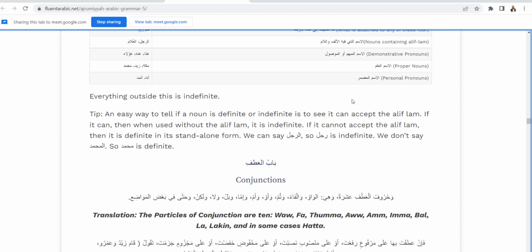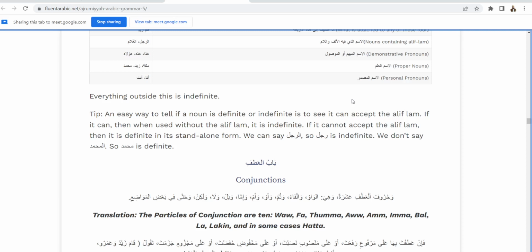And how do you distinguish whether it accepts it or not? By continuous reading of hadith and Quran, you will know more about Arabic. Because the sources of Nahu are three. Number one is the Quran. Number two is the Sunnah. And number three is Ash'ar al-Arab, the sayings of the Arabs, the poems and poetry.